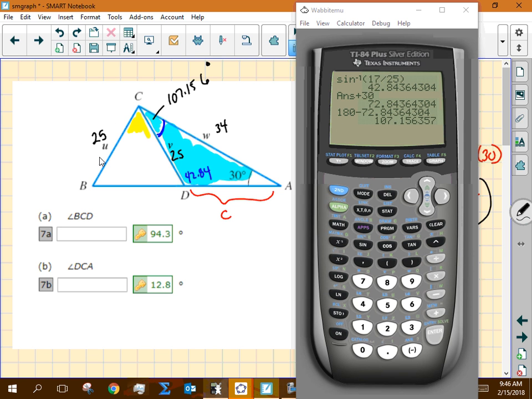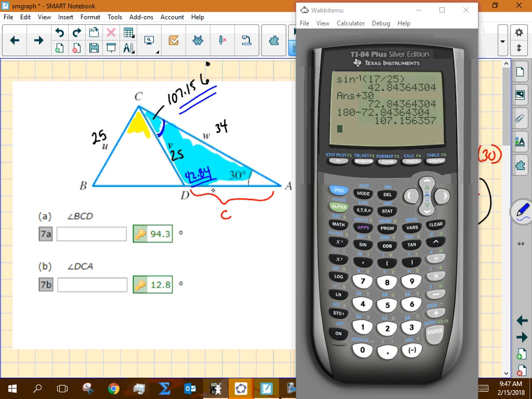You can go through this and find a bunch of values, but if you're not paying attention to the potential of violating properties and theorems, you're going to answer this question incorrectly. If that's 42.84, this is 107.15.